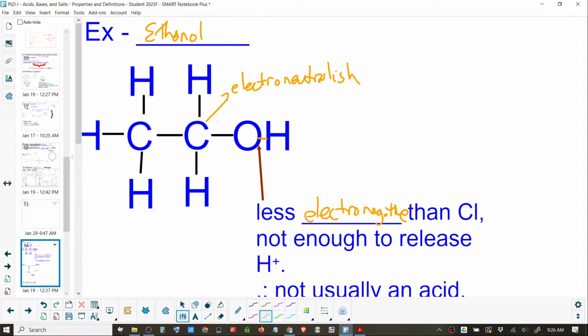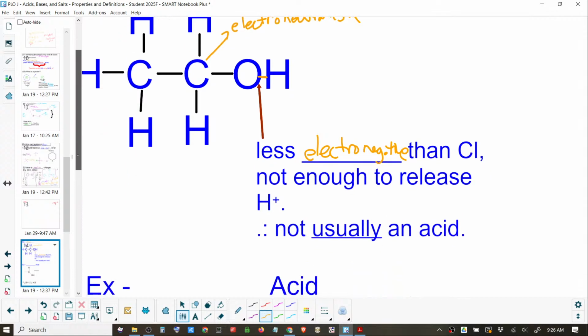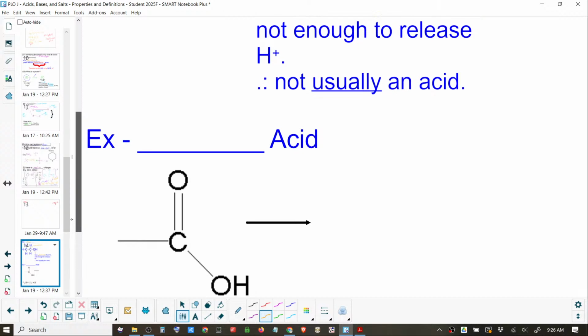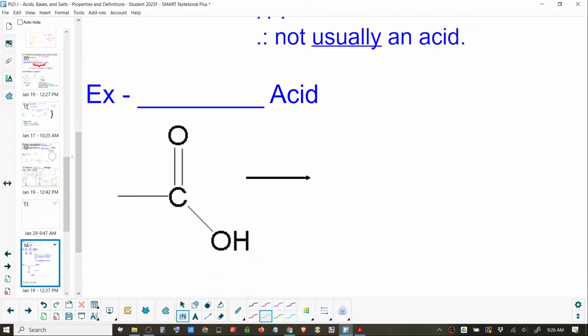And now I'm focusing on this, and it will make more sense with the next one because there is a way that we can make carbon electronegative. So this is not usually an acid. And I have to say not usually, because chemists have figured out ways to force it by being really, really mean.